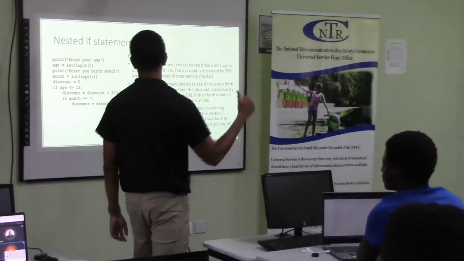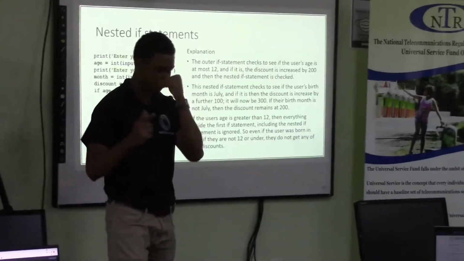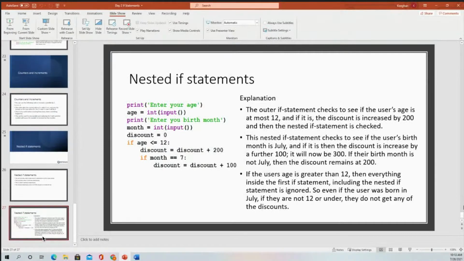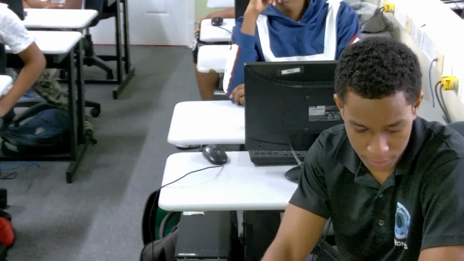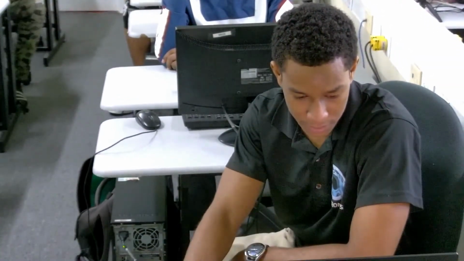So let's say I'm 8 and my month is 7. What's my discount? So now let's see if we could try to do some mock examples.